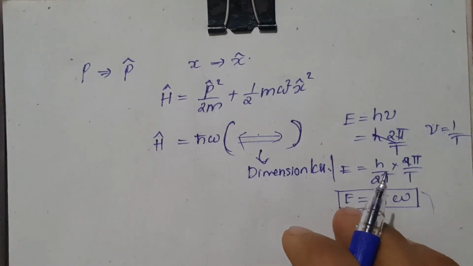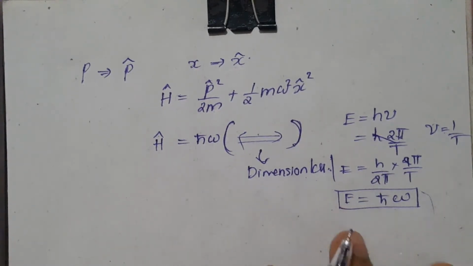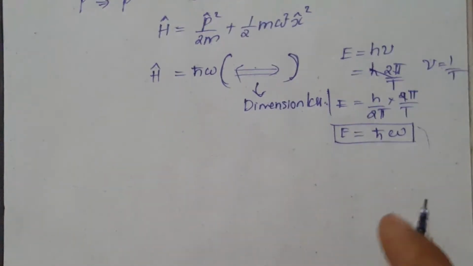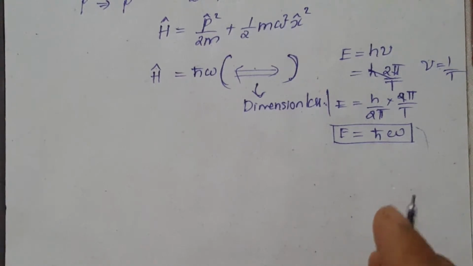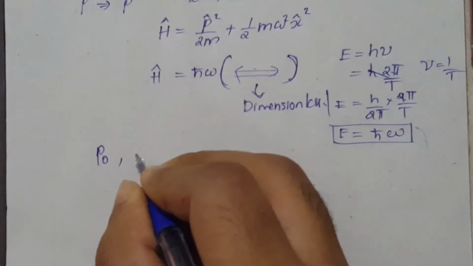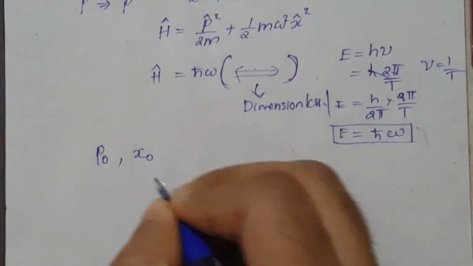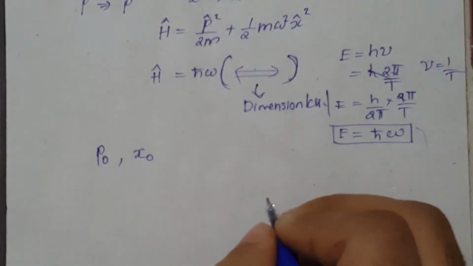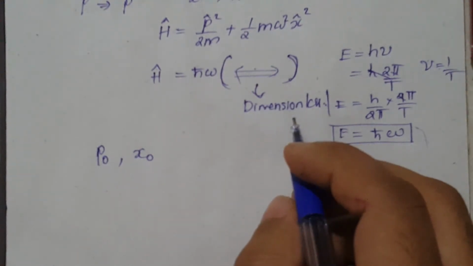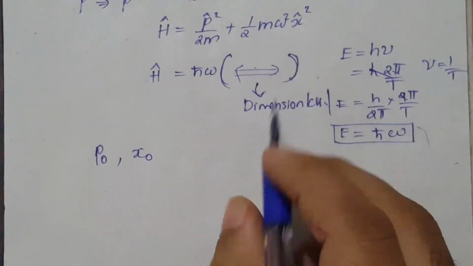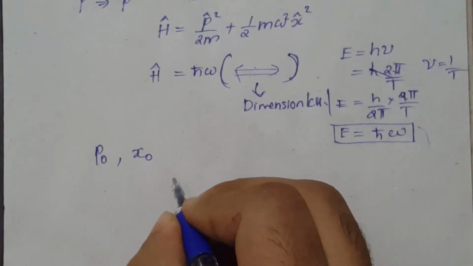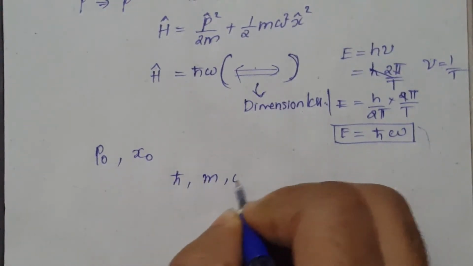So we are going to make two quantities, which will have the dimension of momentum, let's call it p naught, and another one having the dimension of position, x naught. To do that we are going to use the three constants which we have here, namely h cut, m and omega.